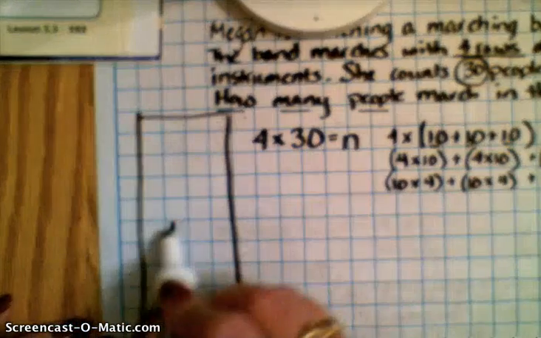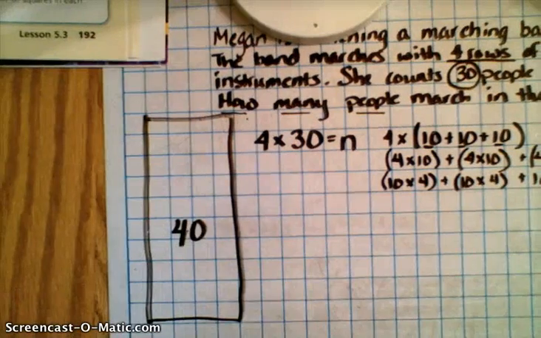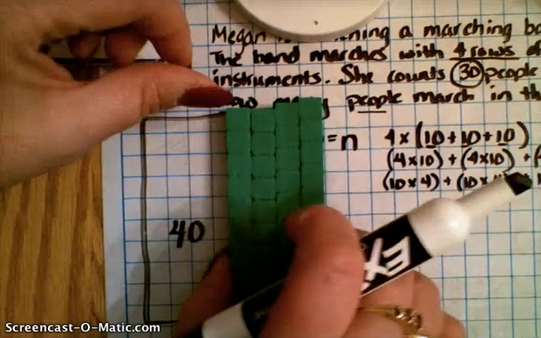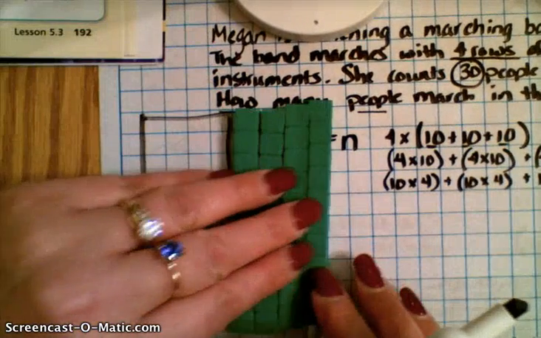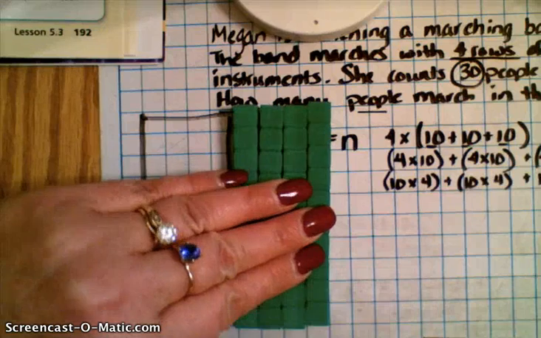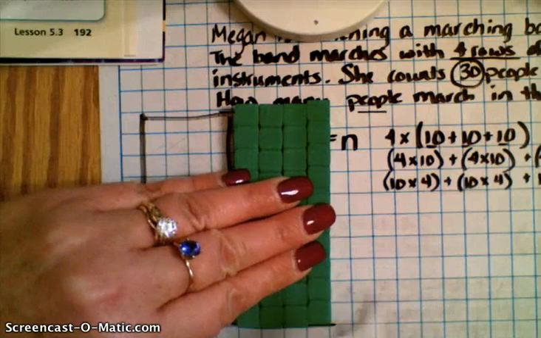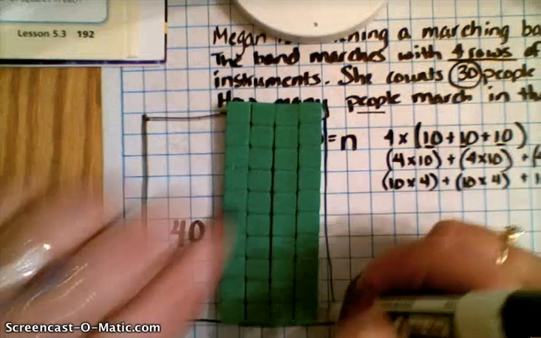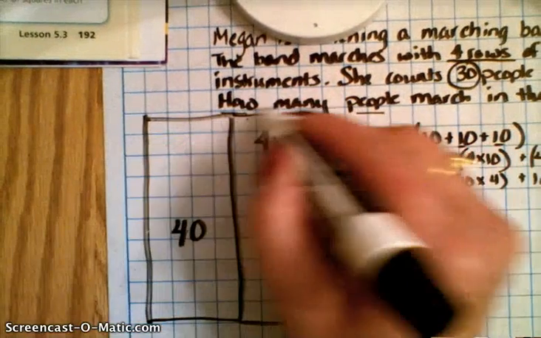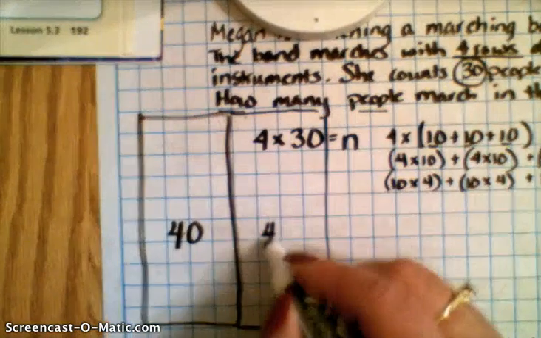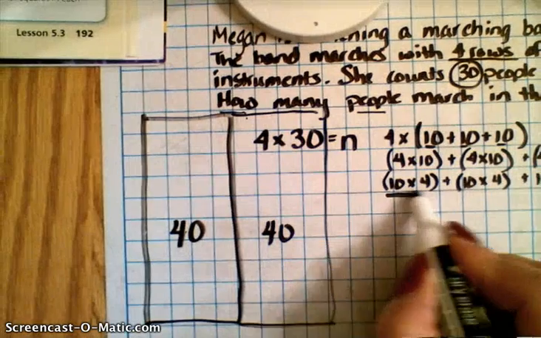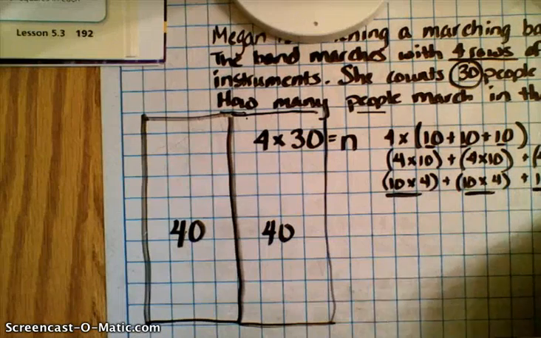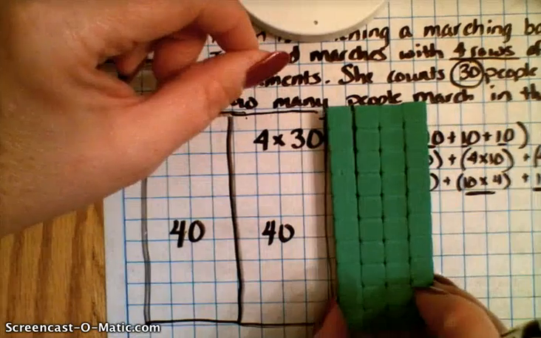It equals 40. And I'm going to do this right over the top here and do it again. 10 rows of 4 again. And again, 10 rows of 4 is 40. So I have 1, 2, I need to do one more. 10 rows of 4.